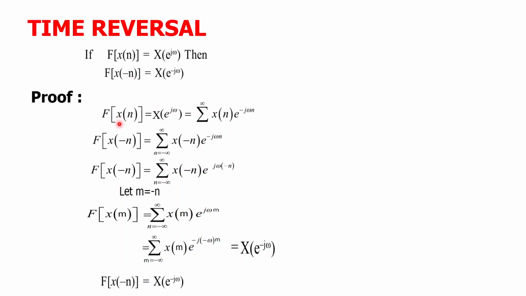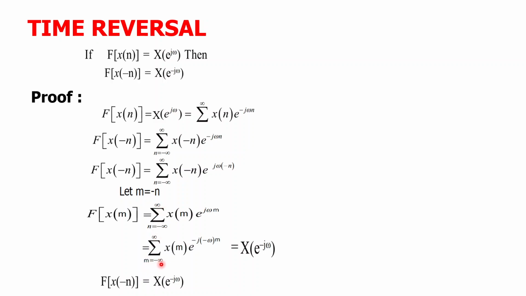Similarly, the first equation represents the discrete time Fourier transform equation. We are going to find out DTFT for x of minus n, so we substitute x of minus n in place of x of n, and assume minus n as a new variable m, so that the limits won't change. We are adding from minus infinity to infinity or from infinity to minus infinity, the same we will have.